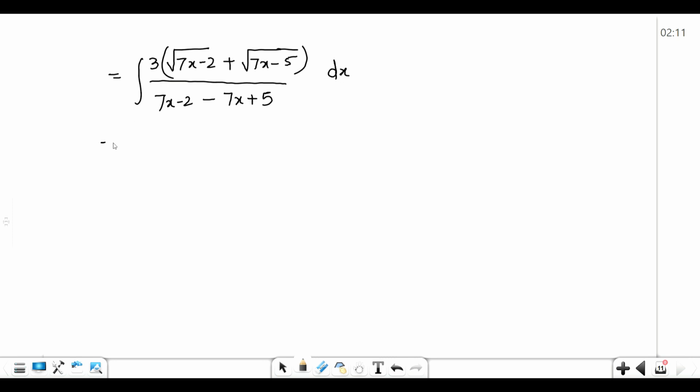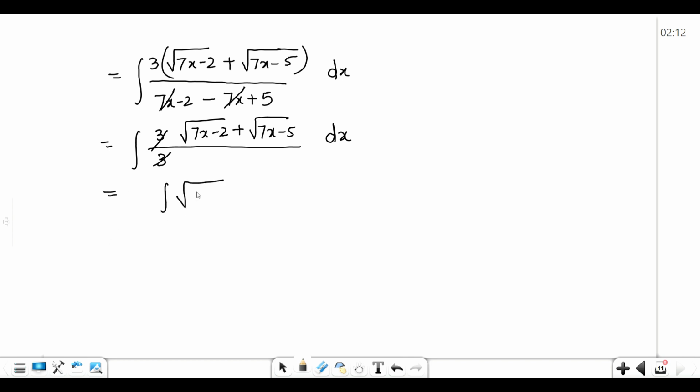So you can solve this. In the denominator the plus 7x minus 7x cancel, 5 minus 2 becomes 3. And we are left with only the numerator part. So this is how you can eliminate your denominator. Now 3 and 3 also get cancelled. So we'll just separate this like this.